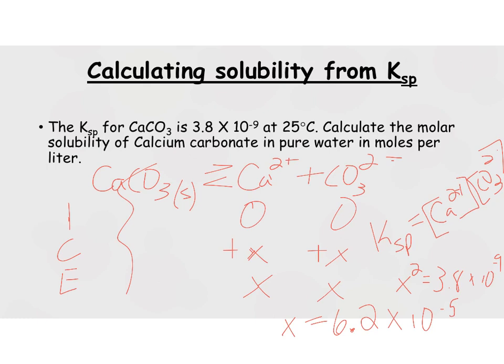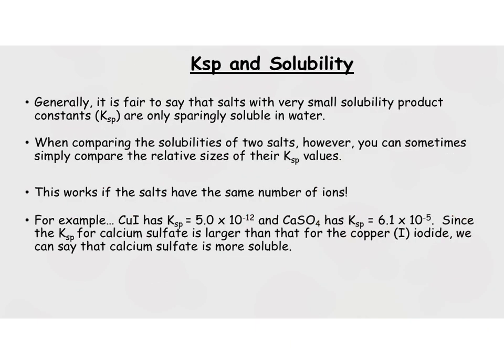6.2 times 10 to the negative 5th, and we solved for molarity, concentration. All right, so when we're dealing with salts, they're going to have very small solubility product constants, or Ksps, and so you can compare the solubilities of two salts to try to decide which one might precipitate first or which one's going to be more soluble by looking at their Ksp values.